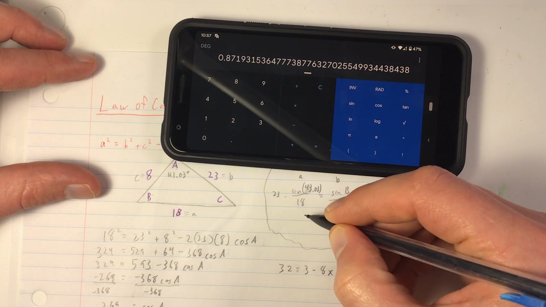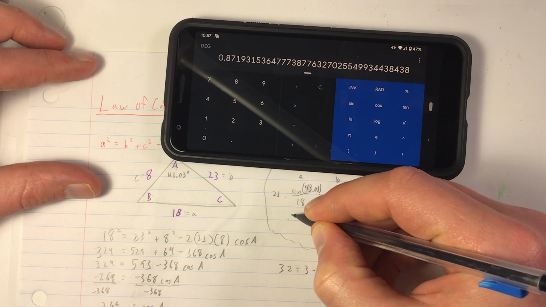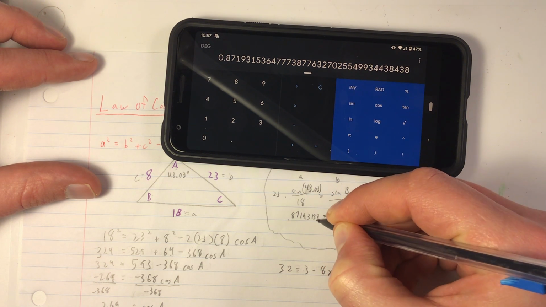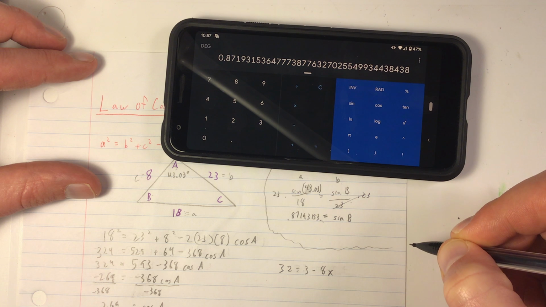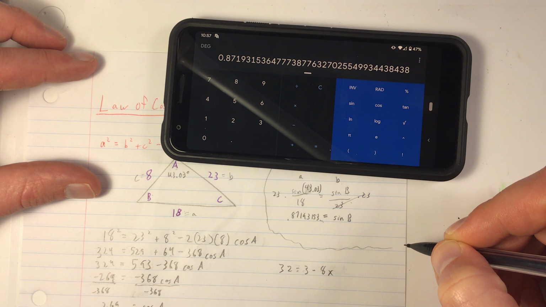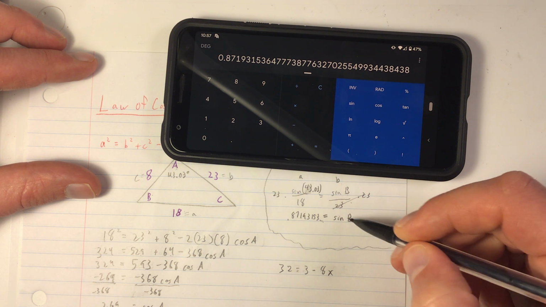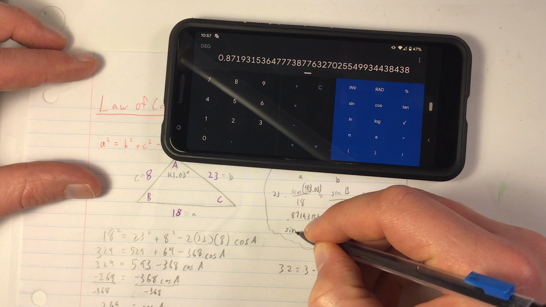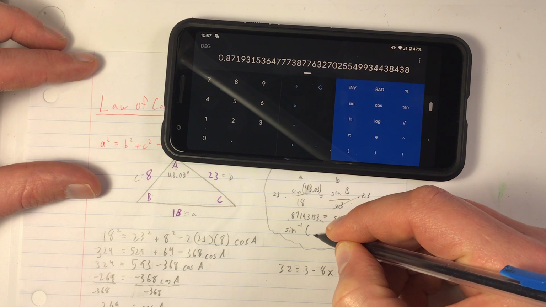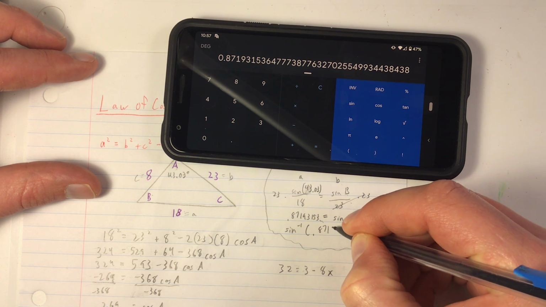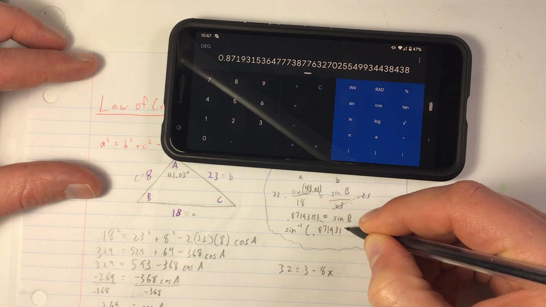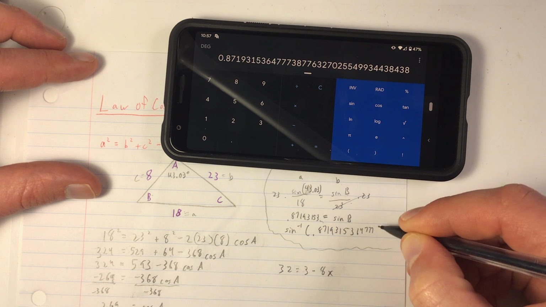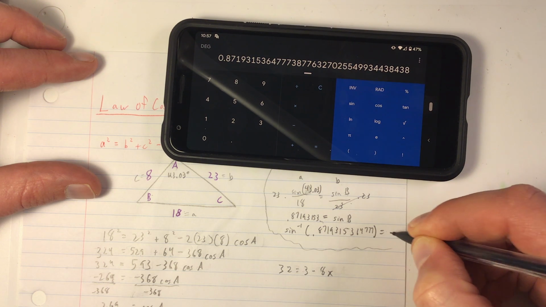And that's going to be the sine of angle B. So 0.87193153. That's the sine of angle B. So to find angle B, I've got to take the arc sine of both sides. So the arc sine, or the inverse sine, of 0.87193153647777. And that will give me angle B.